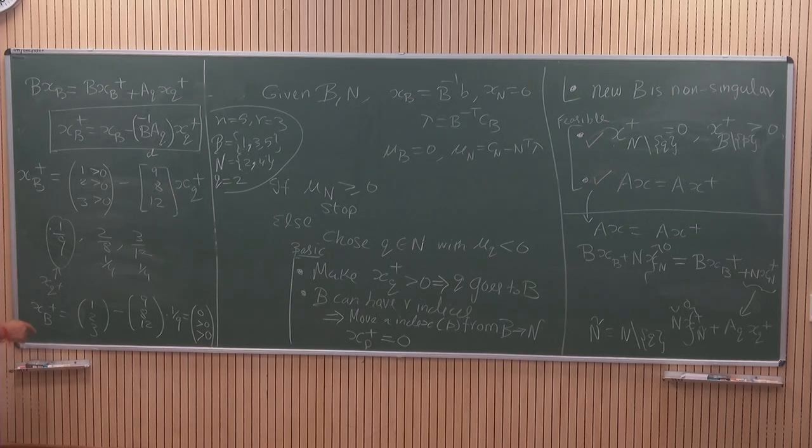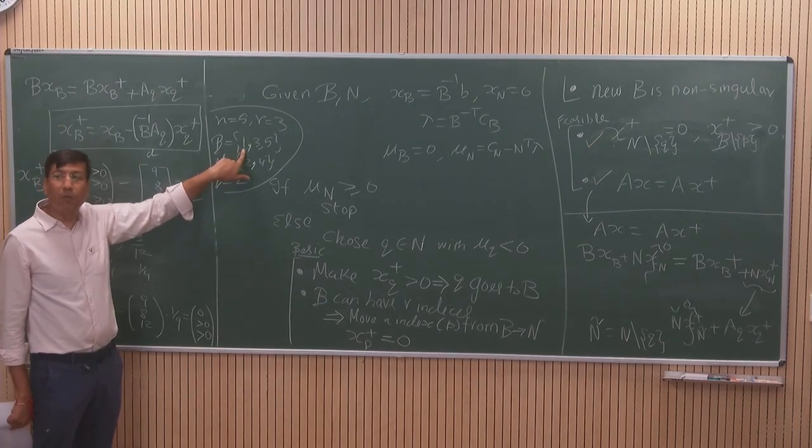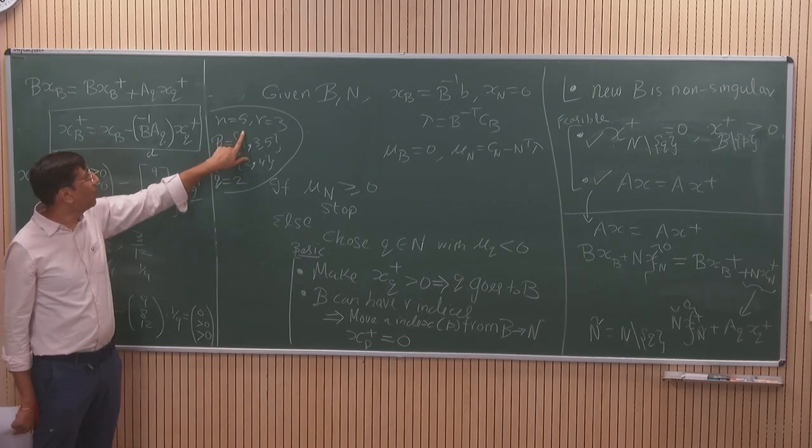So by this very nice choice of xbi divided by di, what is p now? P is the index from the B set which we are kicking out. It is the first index of the B set. The first index of the B set turned out to be the first index of the overall set. You will come here, 1, so this is 1.